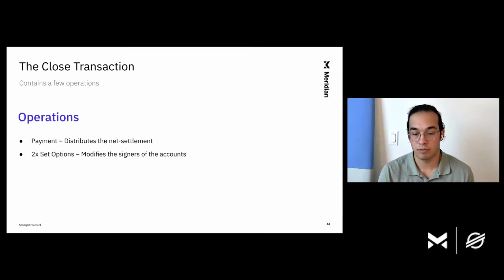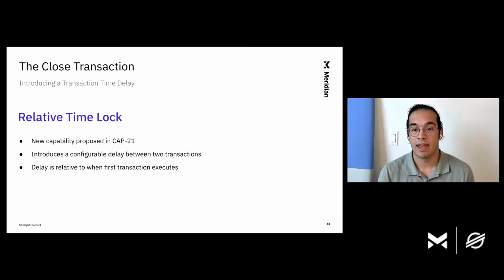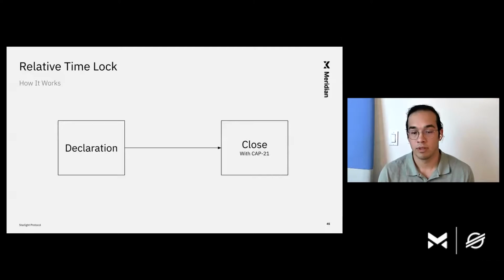There's one more attribute of the close transaction that's really important. And that attribute is a relative time lock. Relative time locks are a new capability that Cap21 brings to the Stellar network. Normally, transactions from the same account can execute immediately, one after another. But a relative time lock introduces a delay that must occur between 2 transactions.